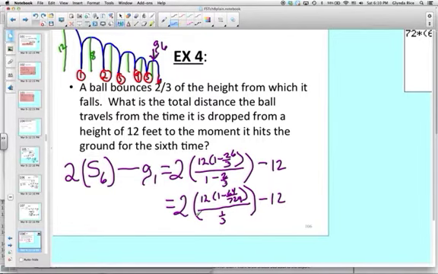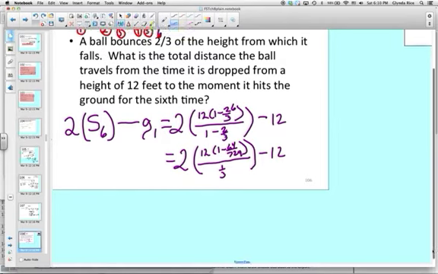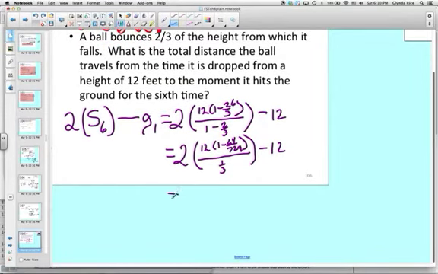Minus 12. Next step, 1, so 729 over 729 minus 64 is 729 minus 64. So this becomes 665 over 729.